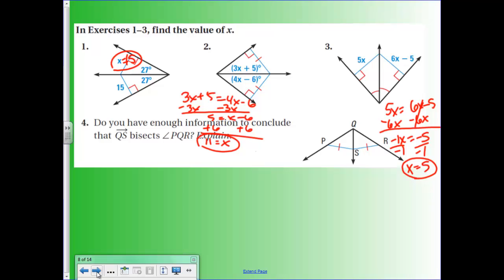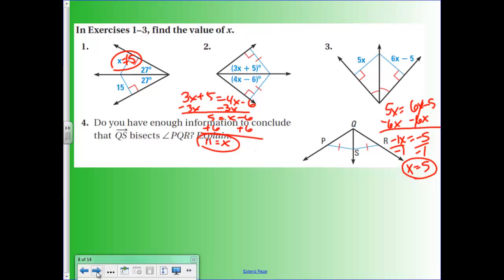Number 4. Do you have enough information to conclude QS bisects that angle? Does that look like one of the theorems? Look at your front page. Does it look like 5.5 or 5.6? Why not? What's missing? It doesn't have the box. What's the box mean?